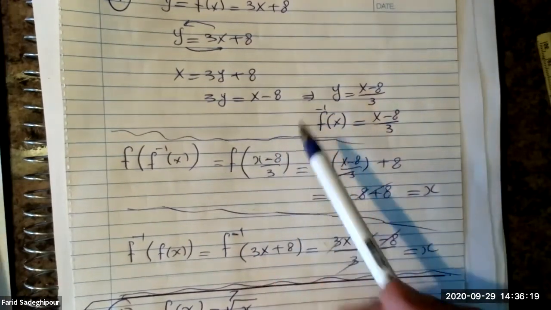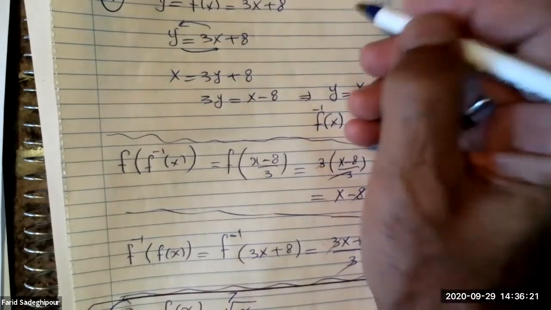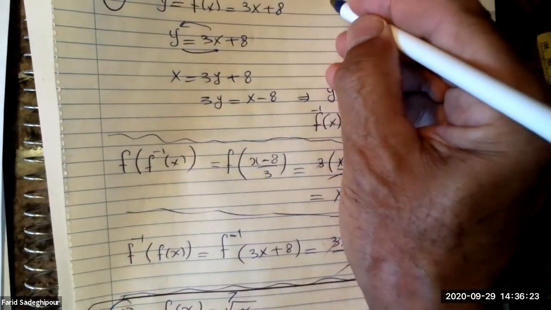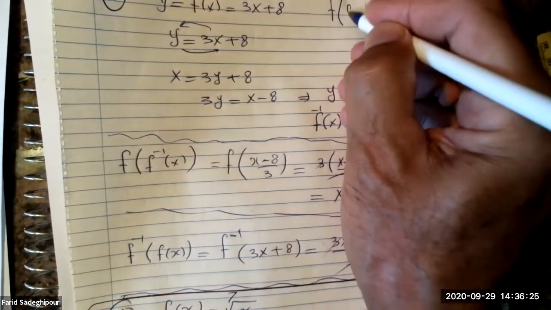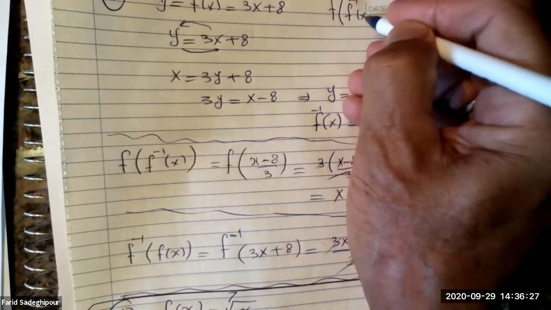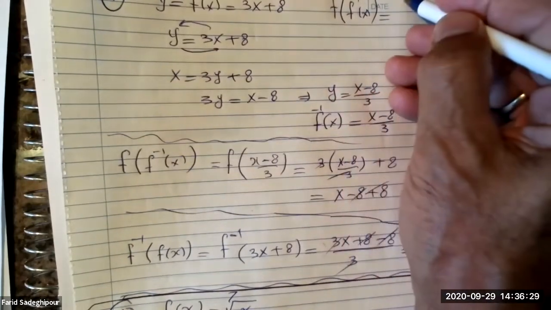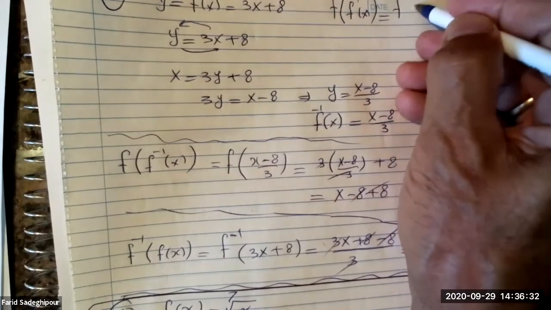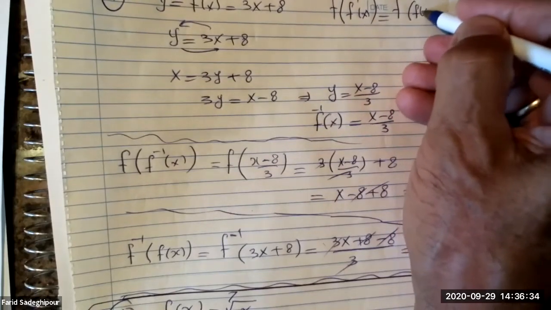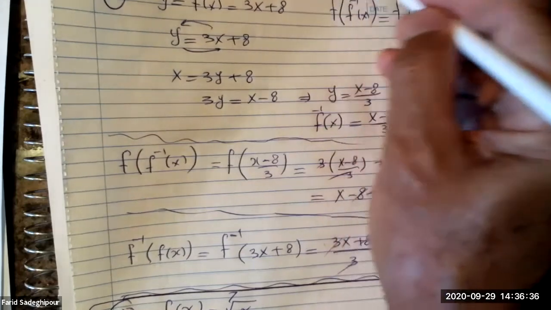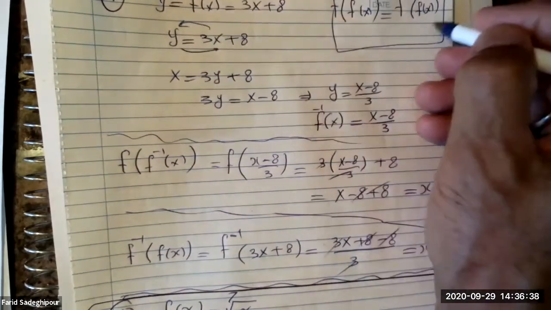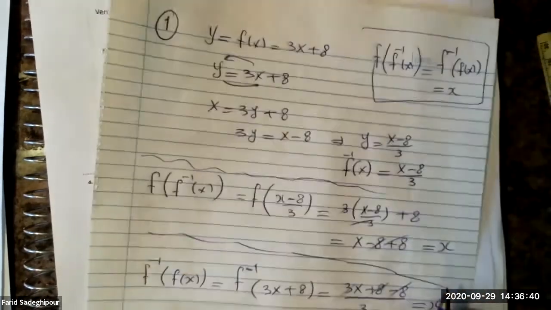Remember, the proof is this. You must prove that f of inverse of x, and inverse of f of x, are both equal to x.